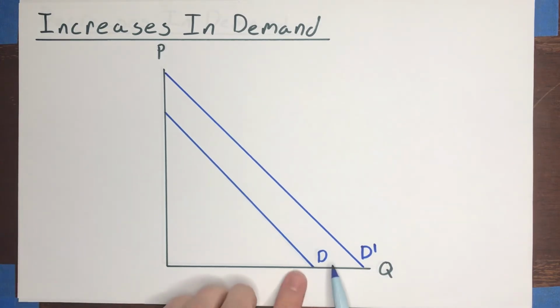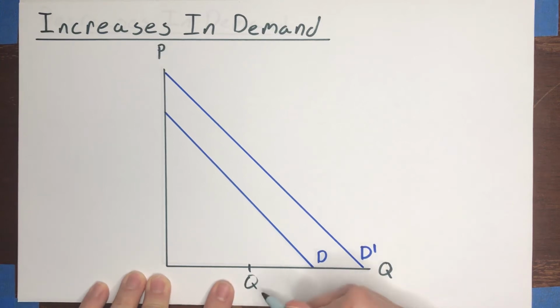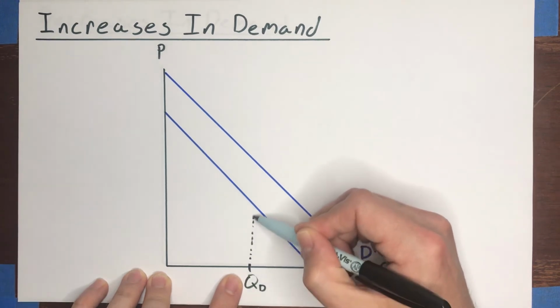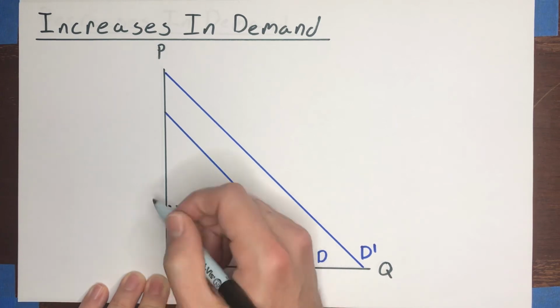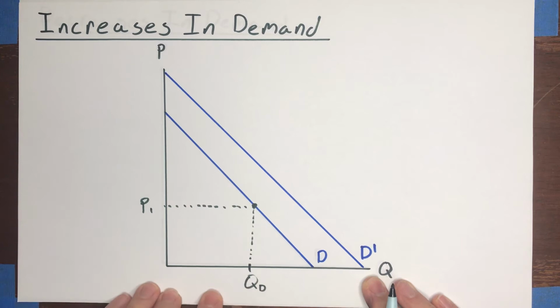Now, why does this represent an increase in demand? Well, you can see it in two different ways. One is to take a fixed quantity of units. Call that quantity Q, or we'll call it QD for the quantity demanded. At that given quantity, you could charge consumers a particular price, call that price P1, and sell all of those units.